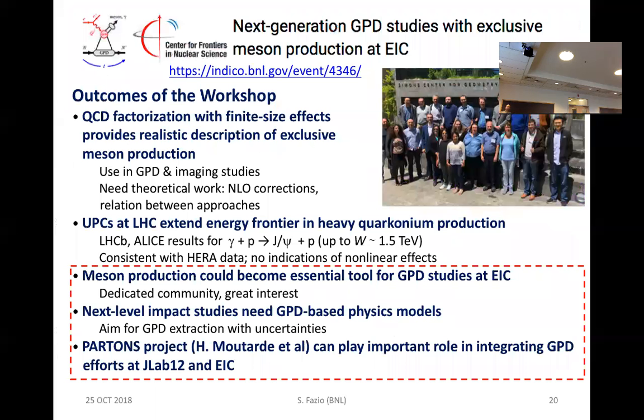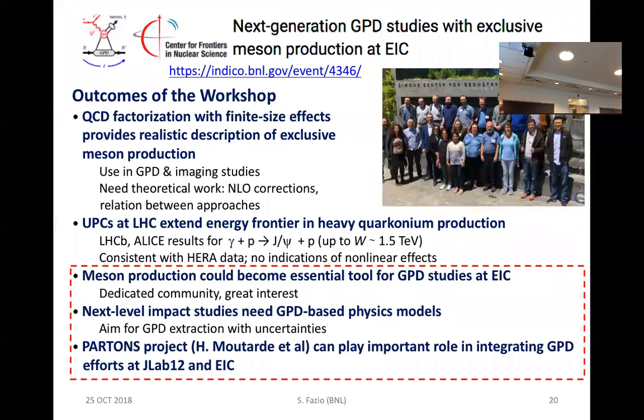This is where you want to measure it for the GPD extraction at an EIC. We also did a workshop recently on these topics at Stony Brook, and it's agreed that we need to put the community together now to assess these problematics.